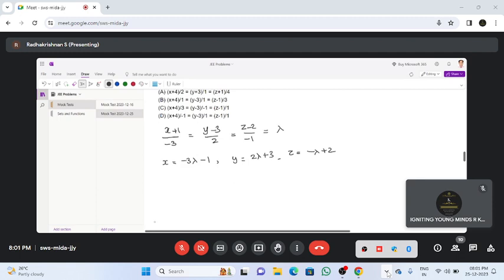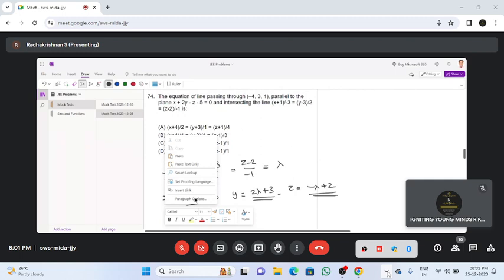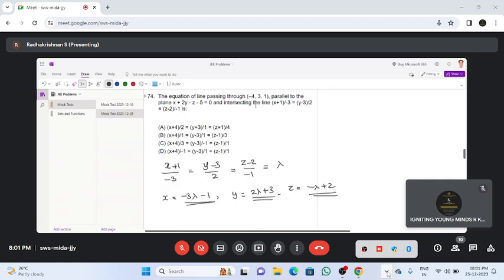So there is one point on the required line which is in this form: minus 3 lambda minus 3, 2 lambda plus 3, minus lambda plus 2. Now, that line is also passing through minus 4, 3, 1.